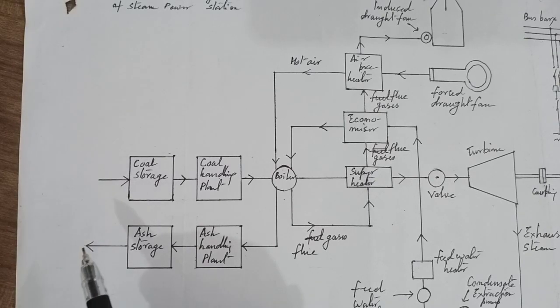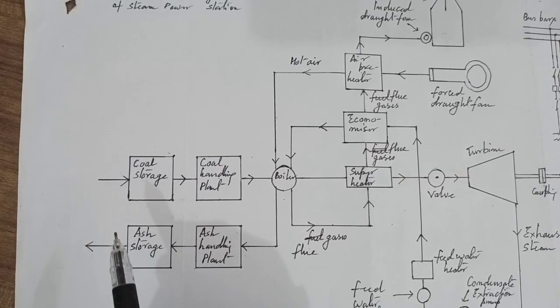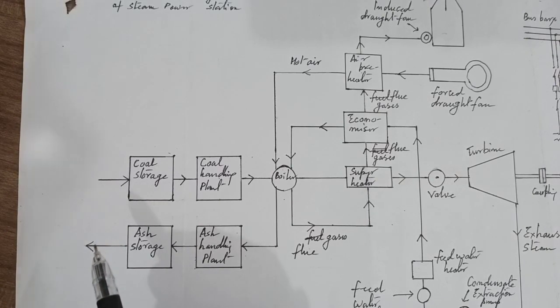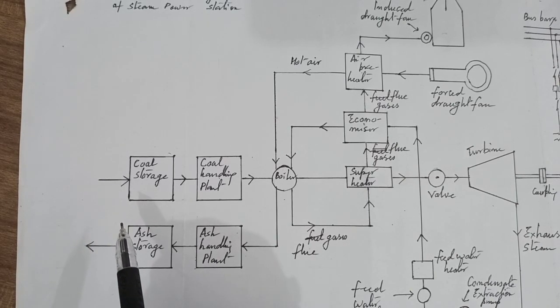Then, second, steam generating plant. The steam generating plant consists of a boiler for the production of steam and other auxiliary equipment for the utilization of flue gases.